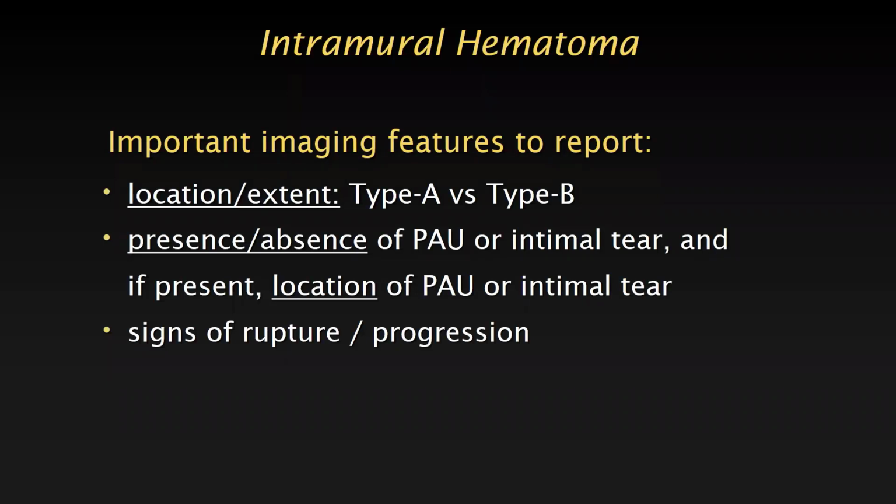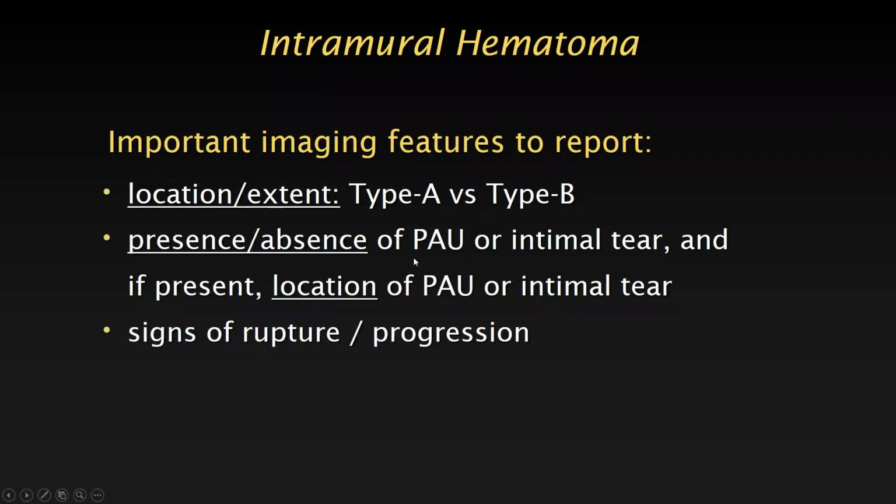So when you read a patient with an intramural hematoma, what are you going to put in your report? What's most important first is always to distinguish between type A and type B. So is the ascending aorta involved or not? Because type A usually needs to go to surgery, or at least needs a cardiothoracic surgery consult.